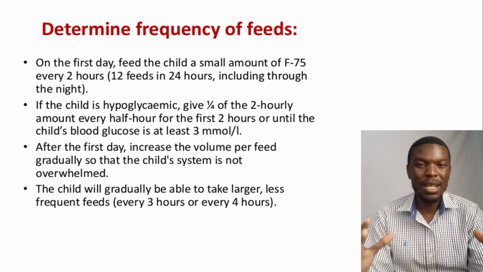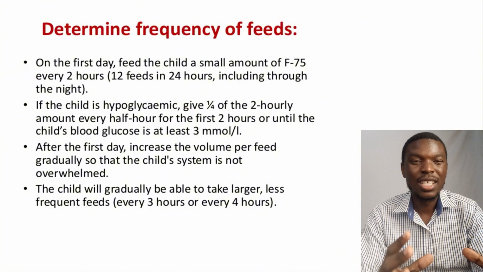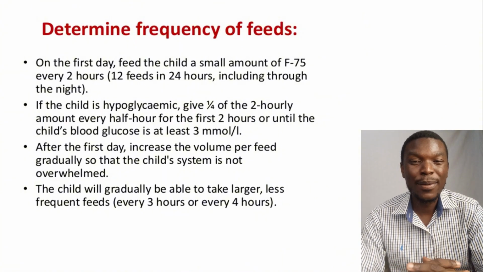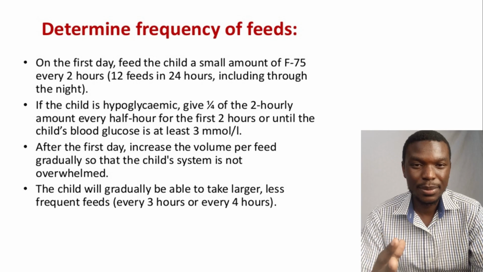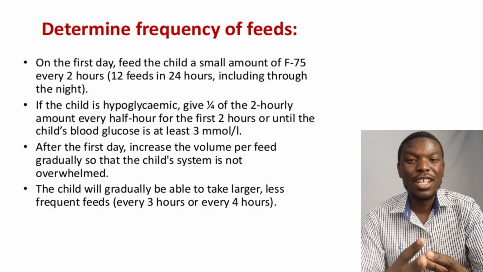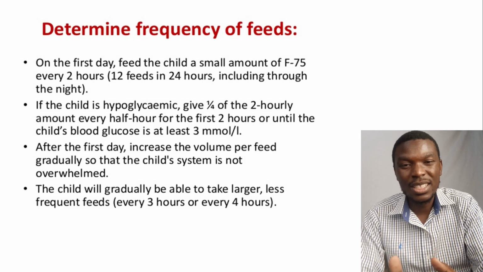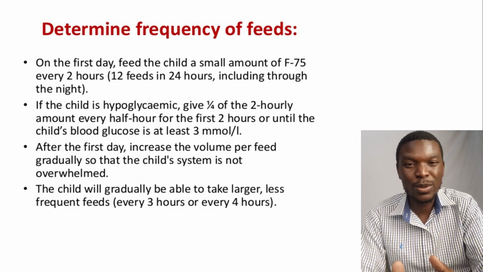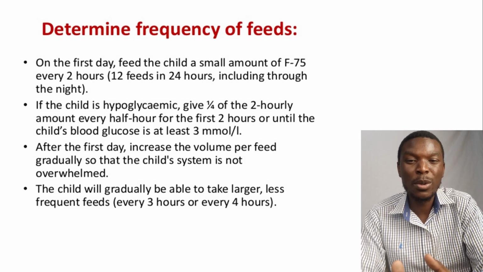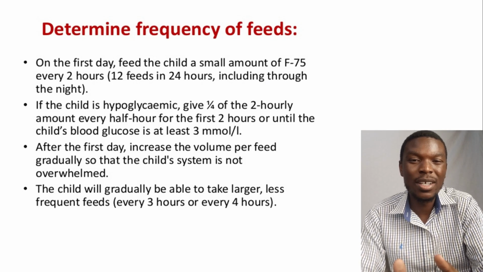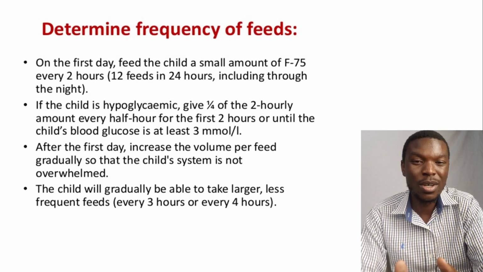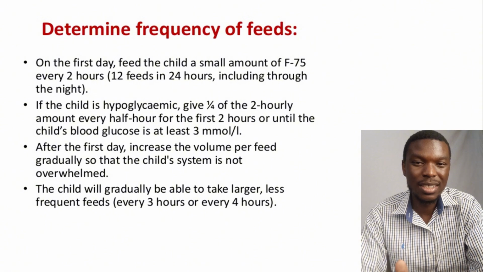So you get that pack, you get what you're supposed to give that child in 24 hours. Then you get that feed that you want to give in the first 2 hours. Remember, we're giving these kids feeds every 2 hours.